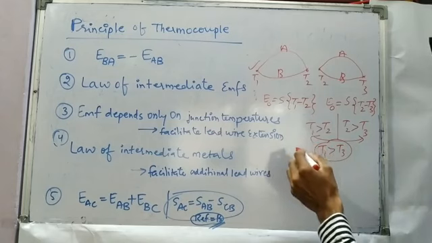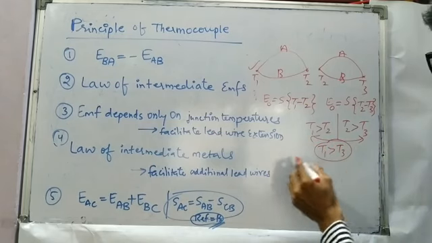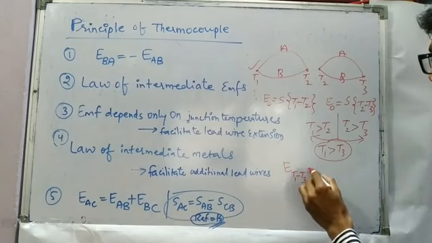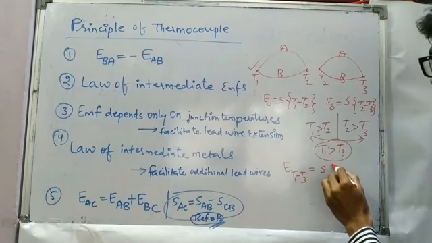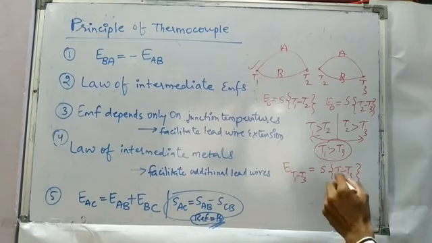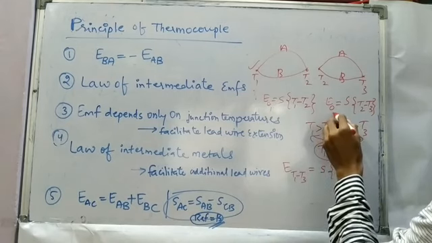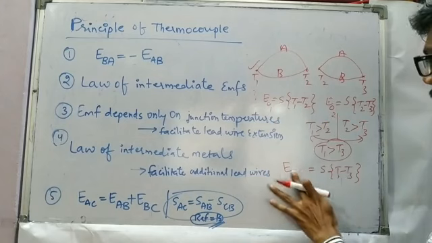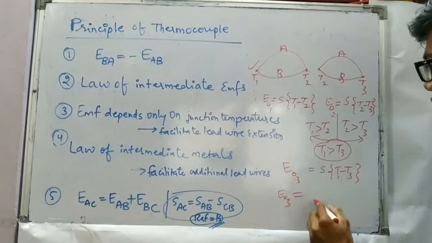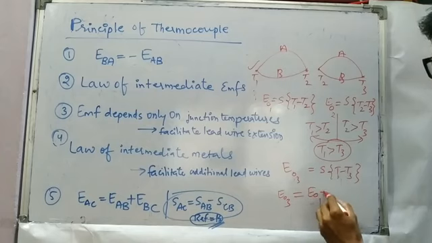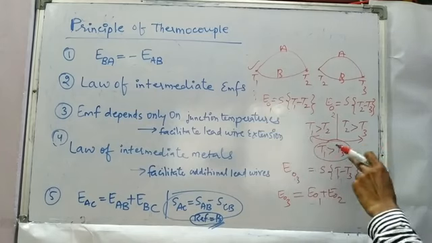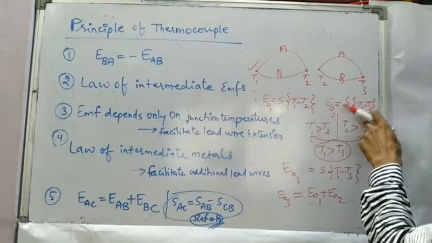So if I wish to get the voltage E between T1 and T3, this is going to be sensitivity times T1 minus T3. So I am naming them E01, E02 and E03. We can clearly see that E03 is going to be the summation of E01 plus E02, sensitivity into T1 minus T2 plus sensitivity into T2 minus T3.